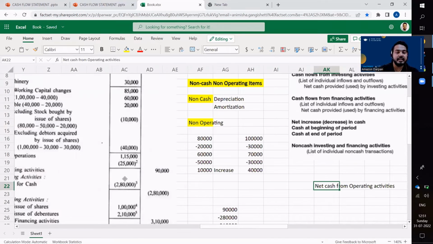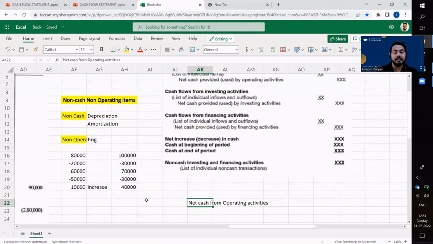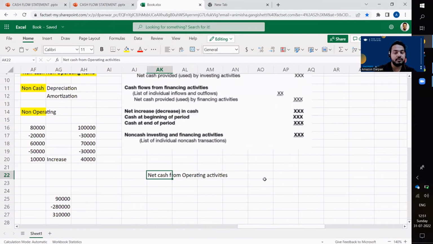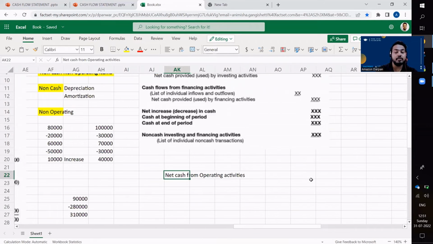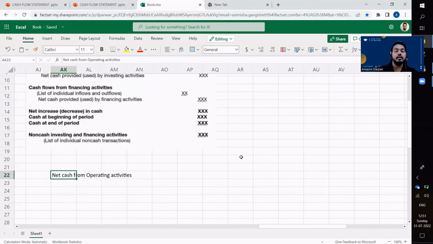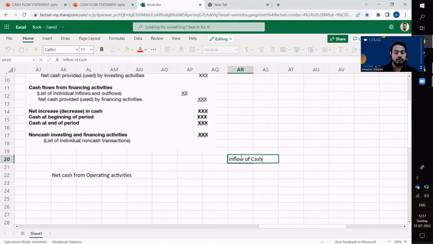And there is one more trick in this: whenever an amount is in brackets, we understand that it's a negative figure, that is a minus figure. But when it is positive, which means a plus symbol, we have to understand the net effect: either there is an inflow of cash because of that activity or an outflow of cash.